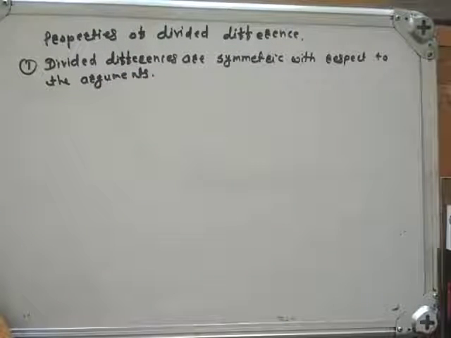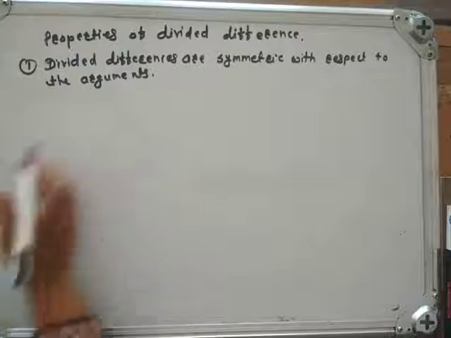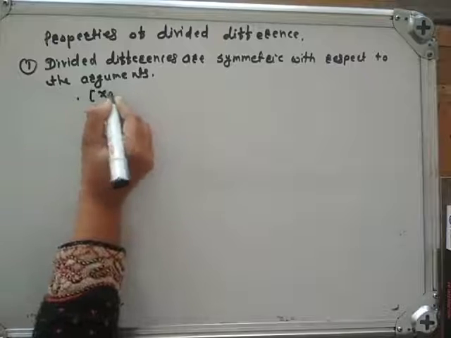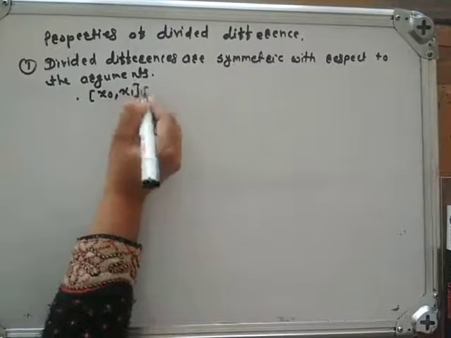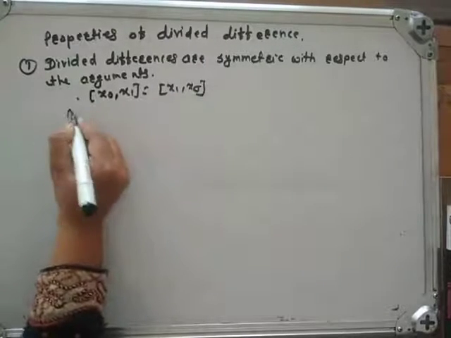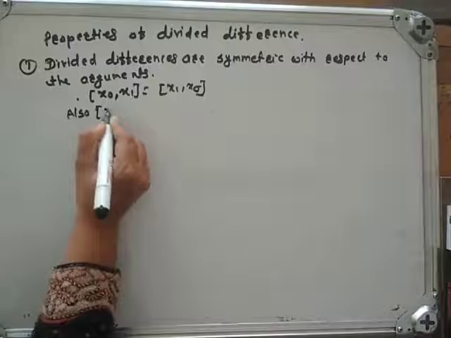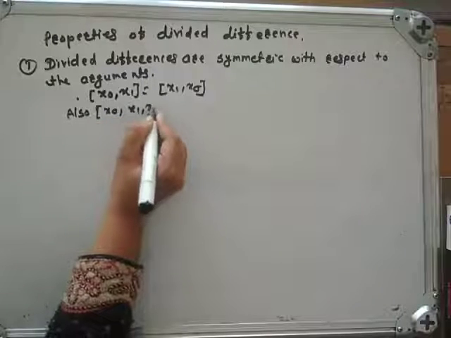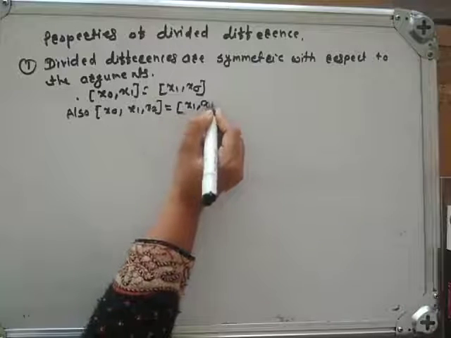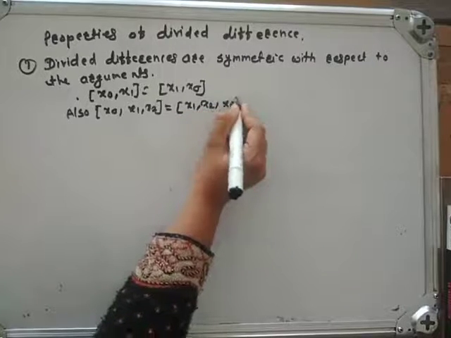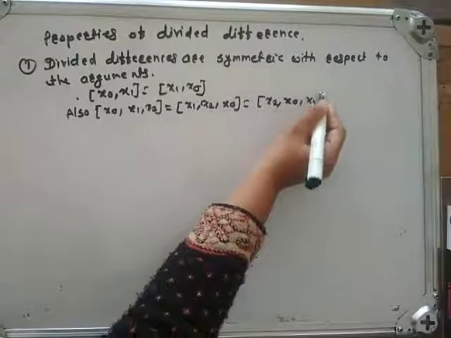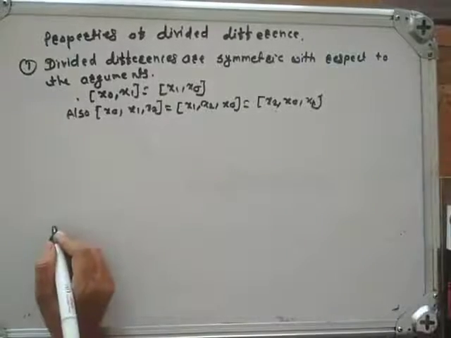Means x0, x1 is equal to x1, x0. Also x0, x1, x2 is equal to x1, x2, x0, which is equal to x2, x0, x1.